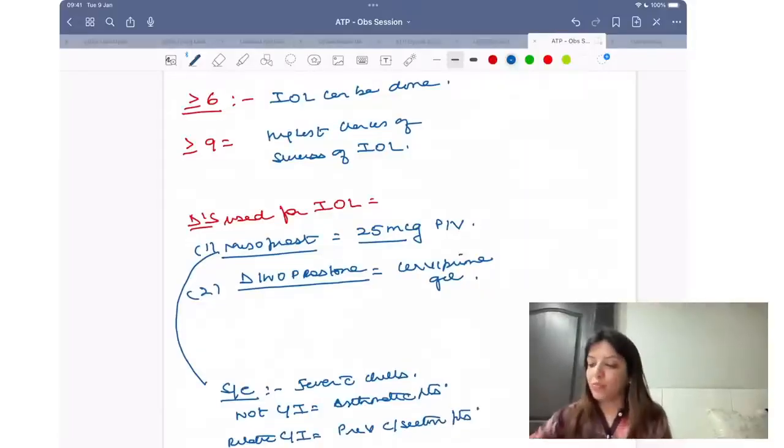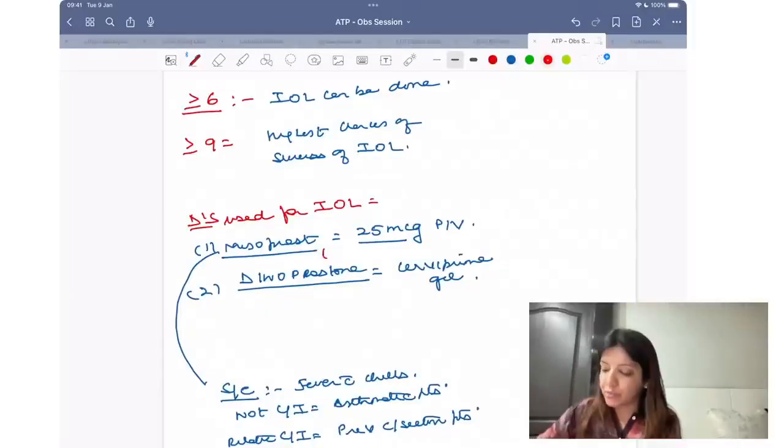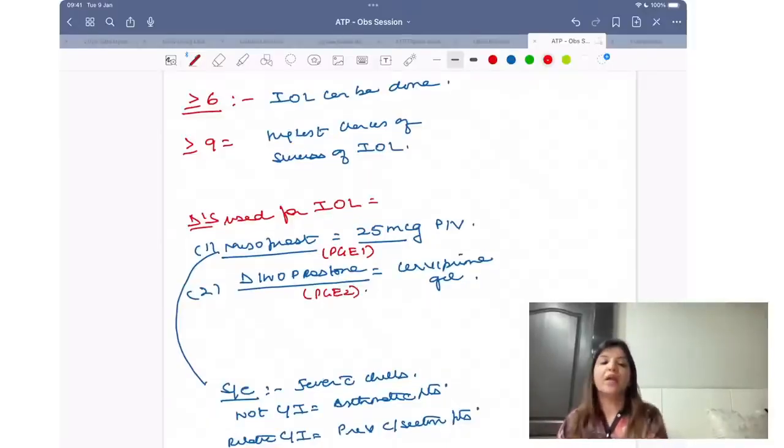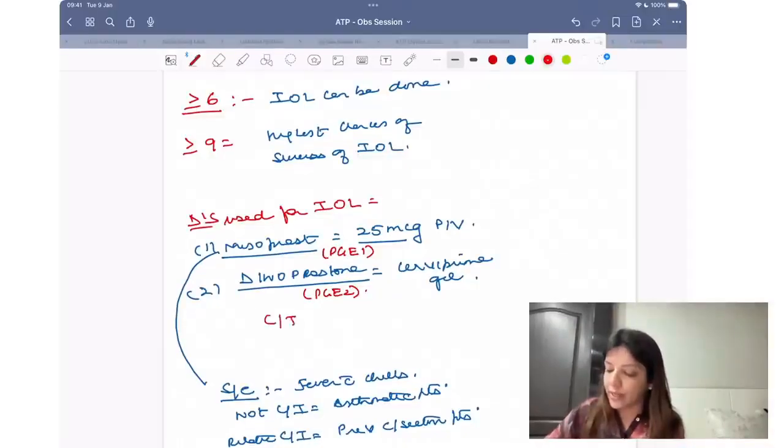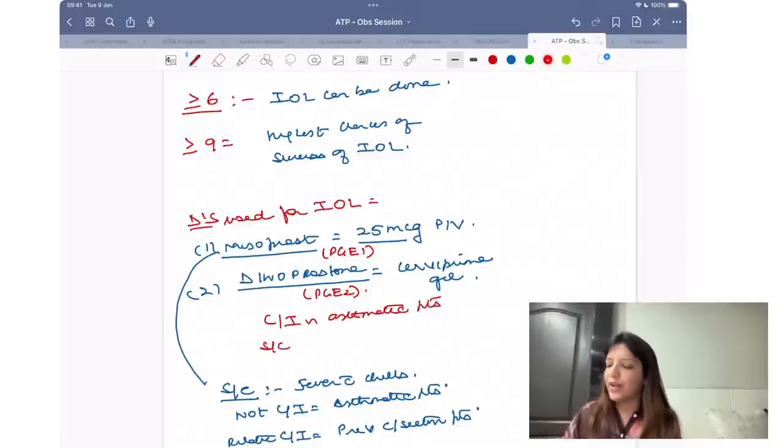When it comes to dinoprostone gel, that is Cerviprime gel, misoprostol is PGE1, dinoprostone PGE2. Now, dinoprostone, it's contraindicated in asthmatic patients and its side effect is diarrhea.